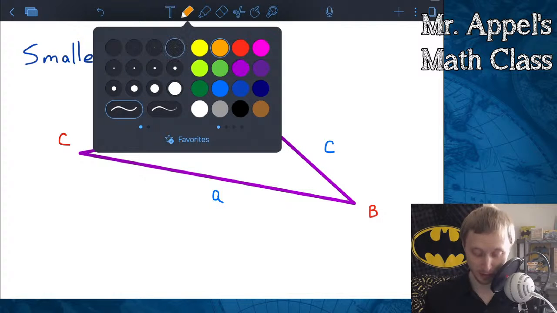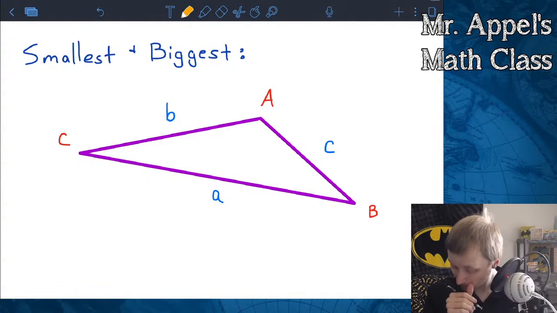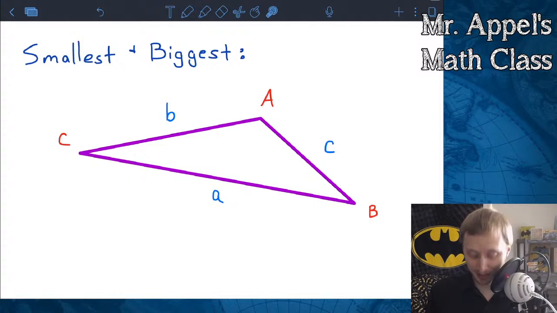I think my pen's a little too large for this. I can look visually here, and I can see that side A should be the largest, right? So I can say that side length A is greater than, looks about, B greater than C, right?